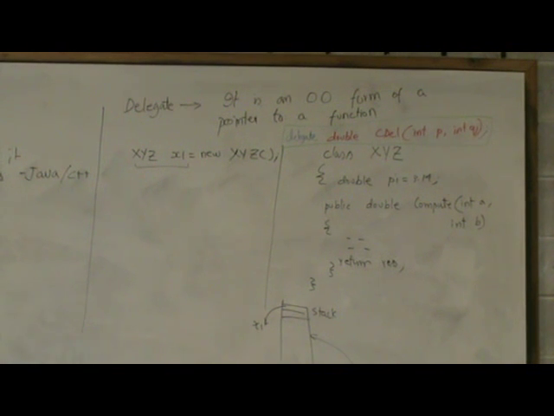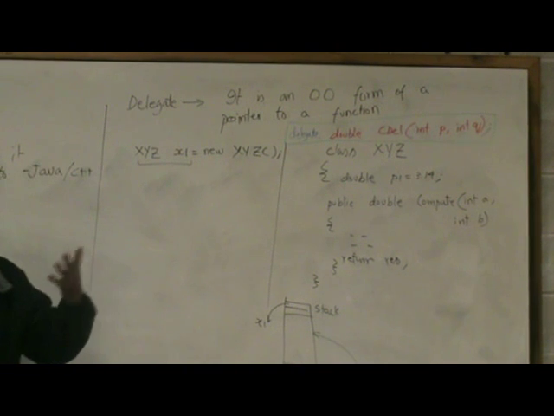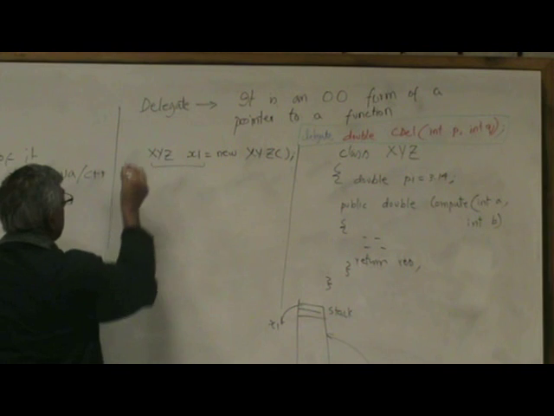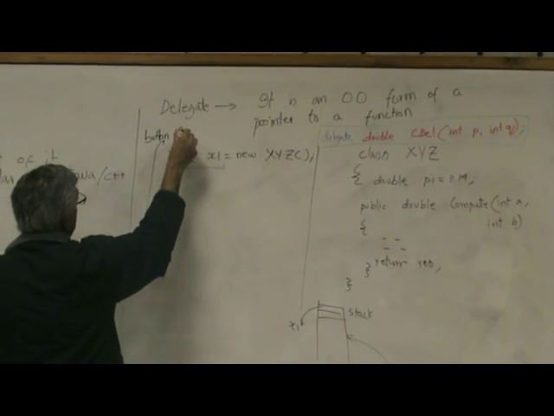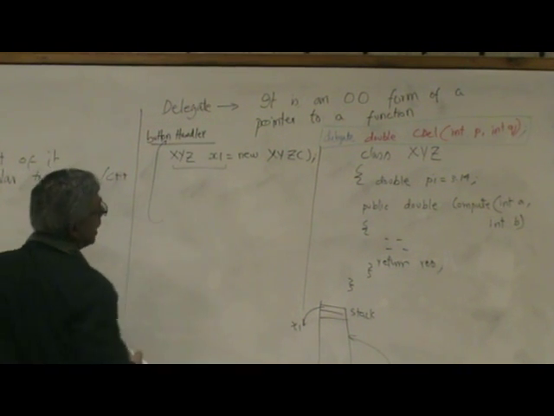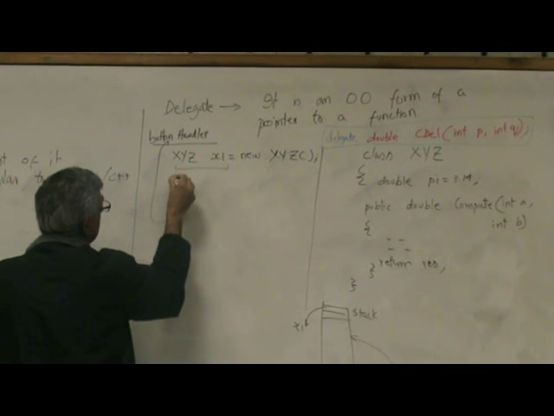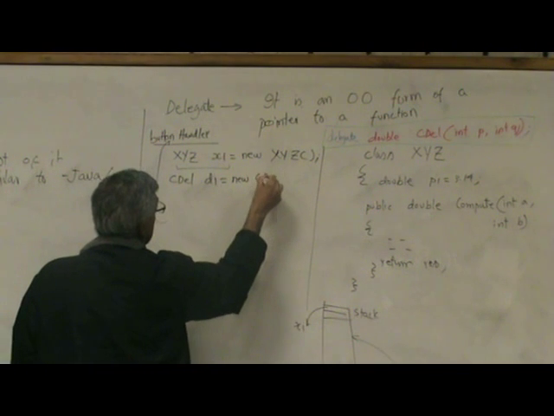If we really wanted this delegate to point to this function, we have to create an object of it, right? So somewhere in our button handler or whatever, we may write this code. We may say xyz x1 equal to new xyz. Then we will create one object of the delegate, new CDEL.